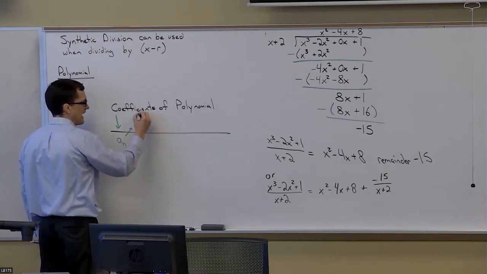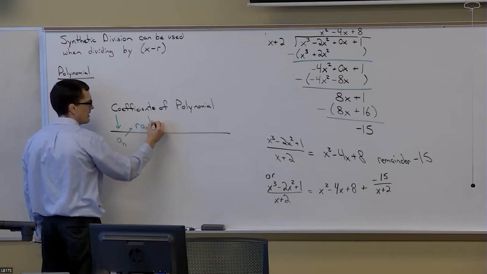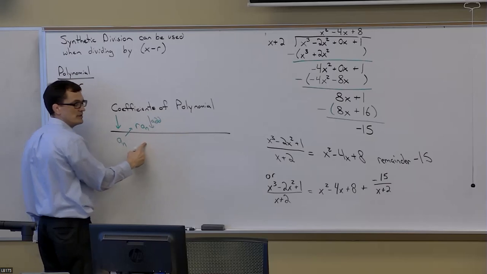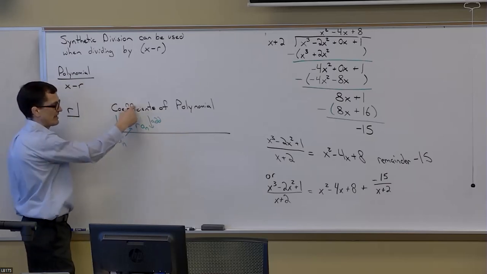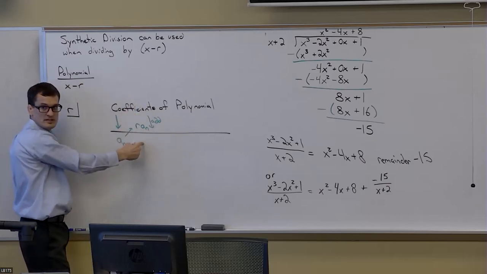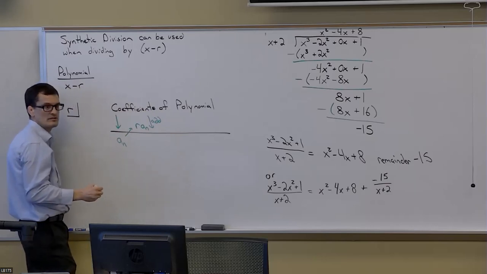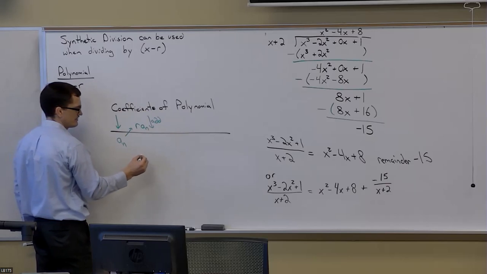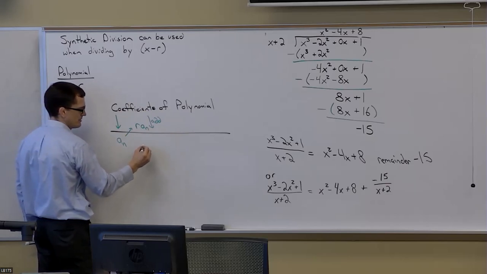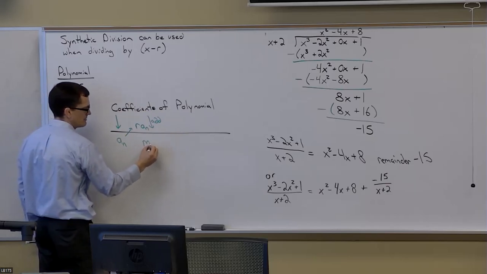And then you're going to add, and you're going to get some new number. You add the second coefficient to this one, and you get some new number. We'll just call it M1.